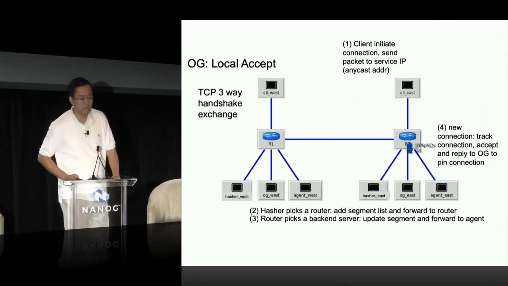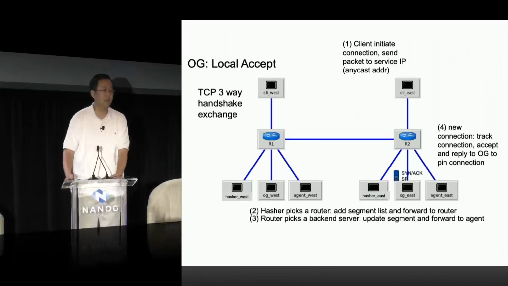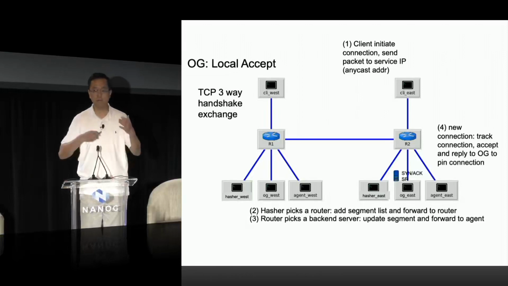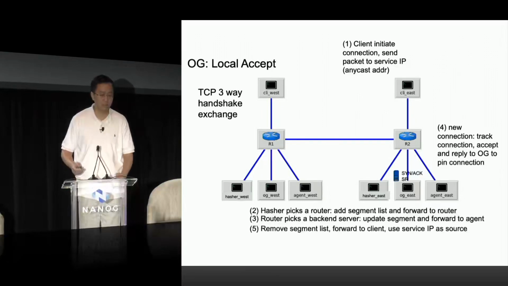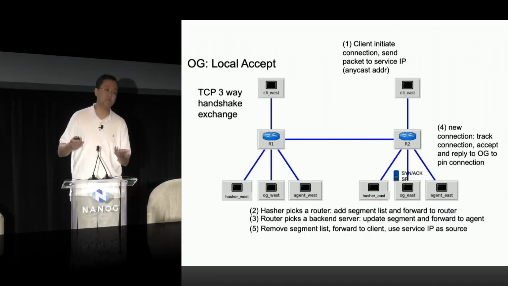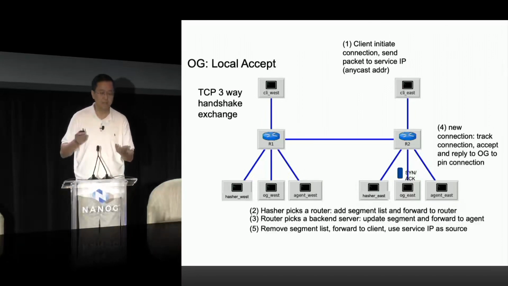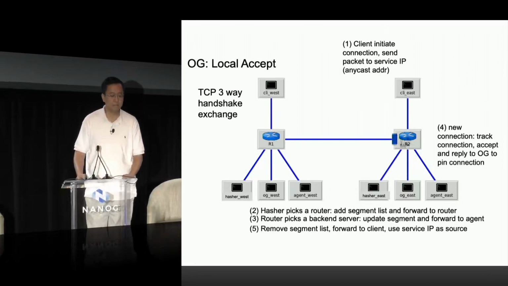So this then goes to the OG router, and now the OG router has the connection information. It will take this packet, strip the segment route, and make the packet just like a regular IPv6 packet without a segment route, but from the source address of the service IP, and send it back to the client.